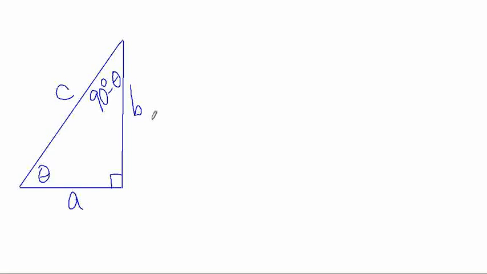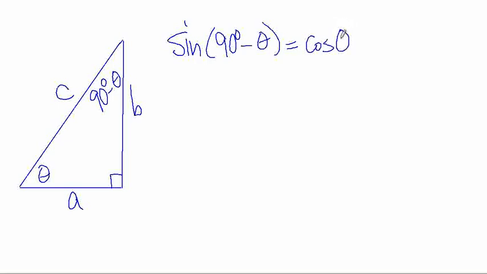Okay? Now, if you work out the sine, cosine, and tangent values for the two given acute angles, you will notice something interesting. You will notice that the sine of 90 degrees minus theta is equal to the cosine of theta.